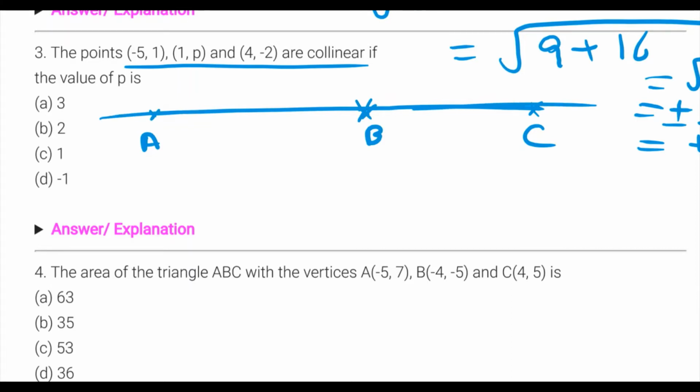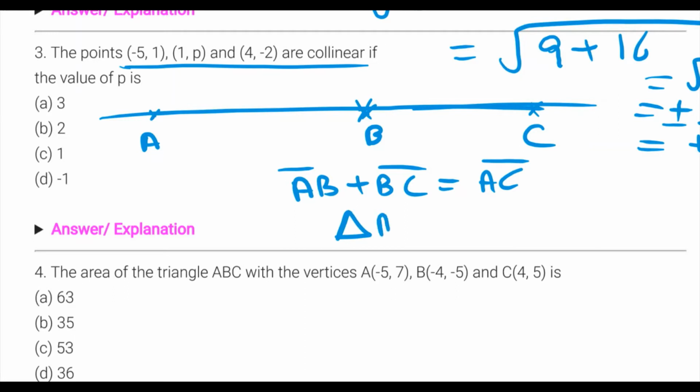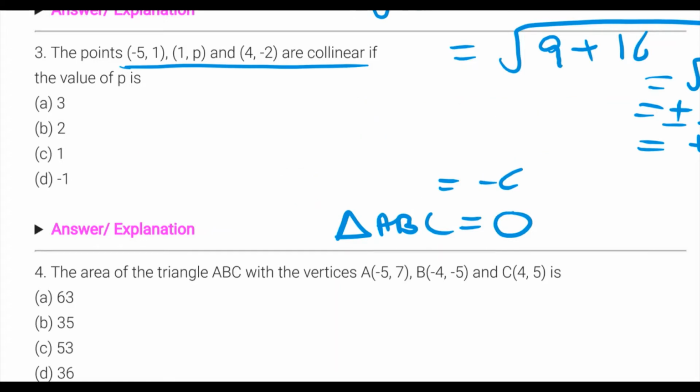We can use 2 methods for this. I can say that if 3 points are collinear, AB plus BC equals AC. Sum of the 2 distances will be equal to AC. And also the area of triangle ABC will be equal to 0. So we will take the area of triangle ABC equals 0. That will be easy.